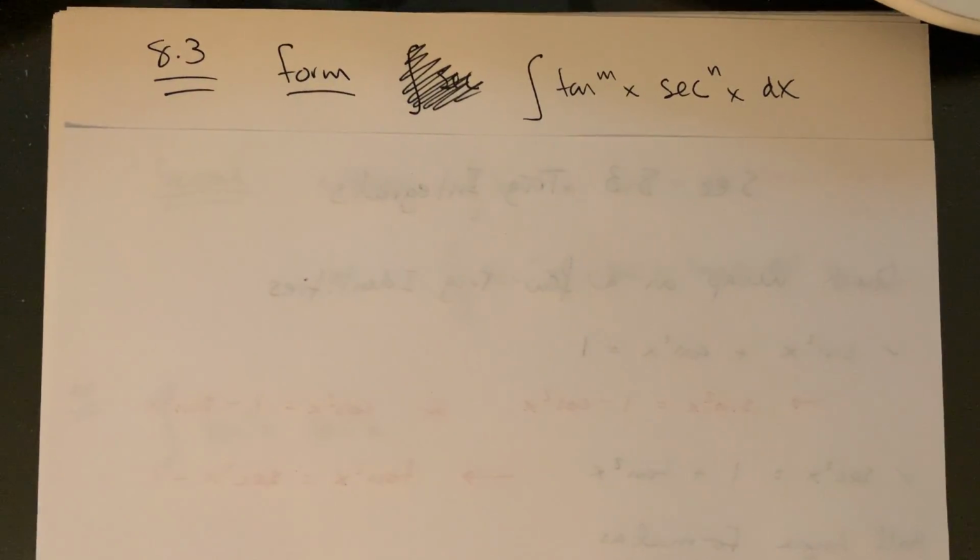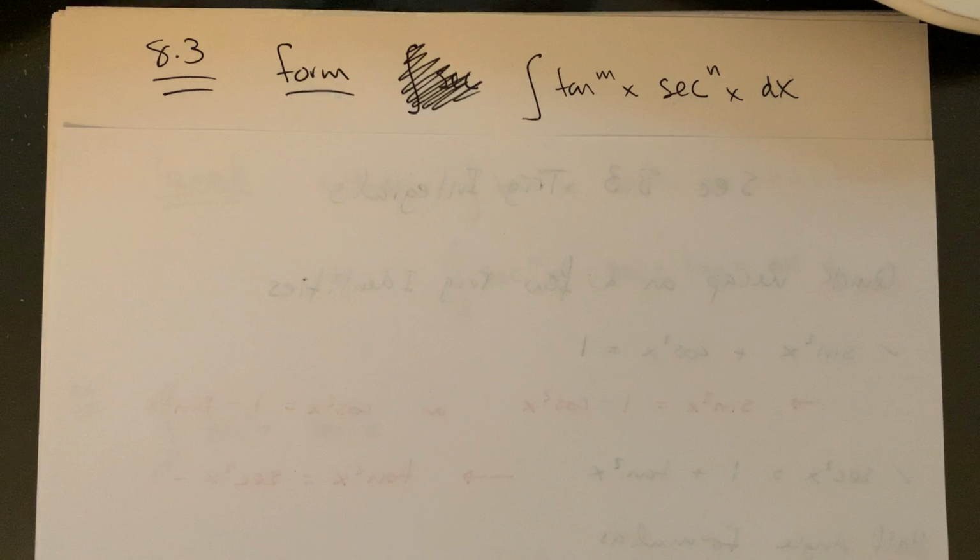So the second type of setup we're going to deal with here are combinations of tangent and secant. They have a similar, similar means not the same, but related, relationship to the way that sine and cosine interact.